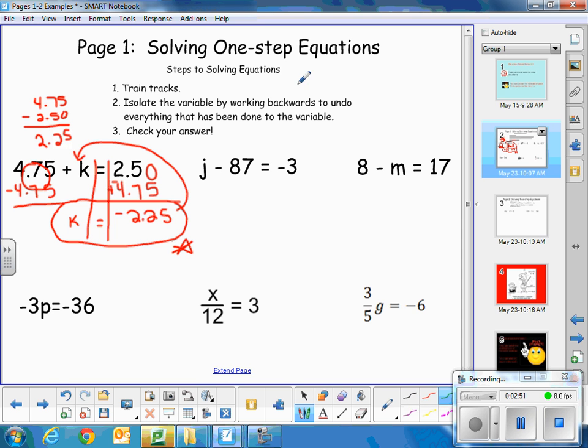Next problem. Draw your train tracks. You want to get the variable by itself. So to get j by itself, you want to get rid of this minus 87 or negative 87. To undo the subtracting of 87, you want to use the inverse operation and add 87 to both sides.